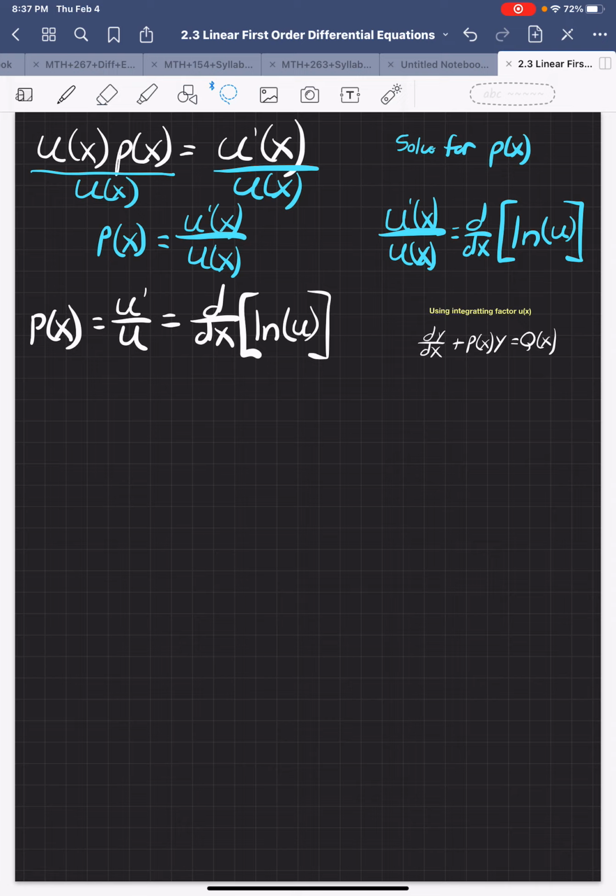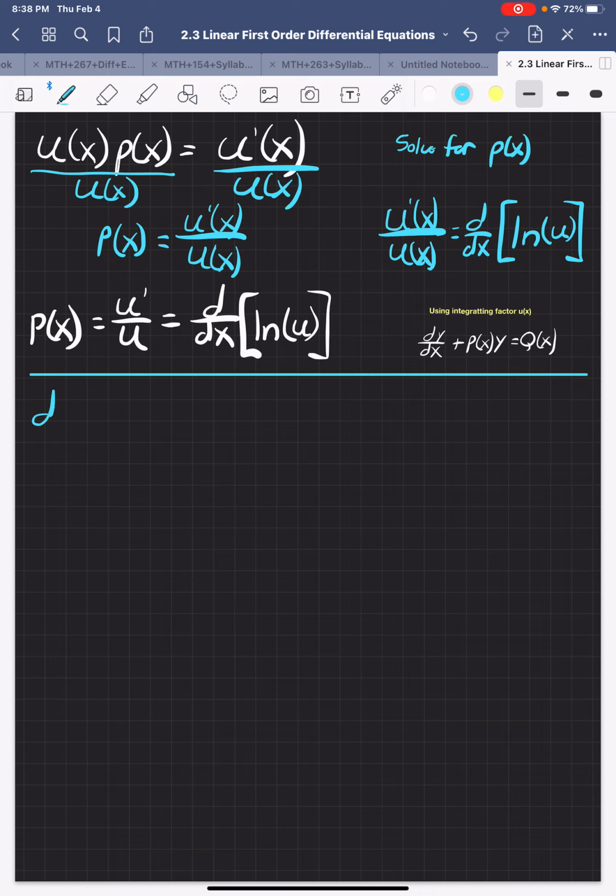All right, so what that means is let's go ahead and rewrite, starting with that assumption that u times p is equal to u prime. Instead of writing it like that, let's write p of x is equal to the derivative of ln of u. Ready? So let's go back to that initial assumption.